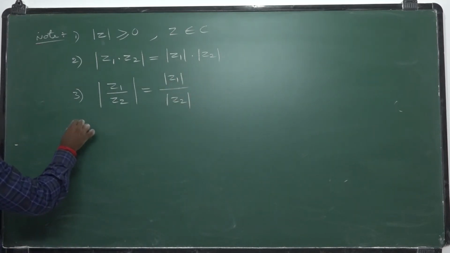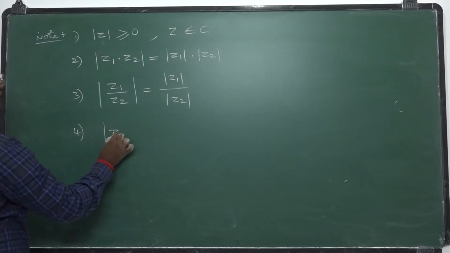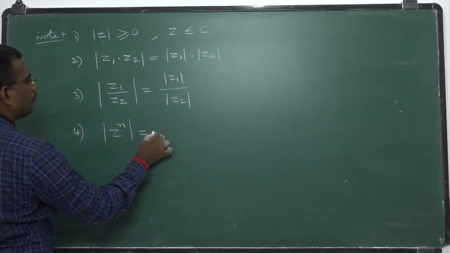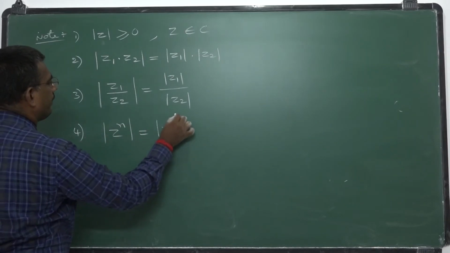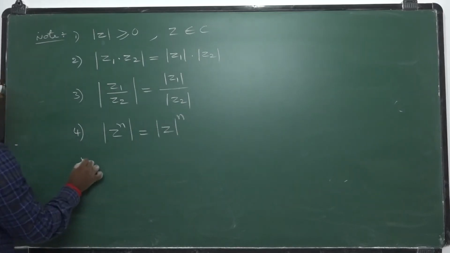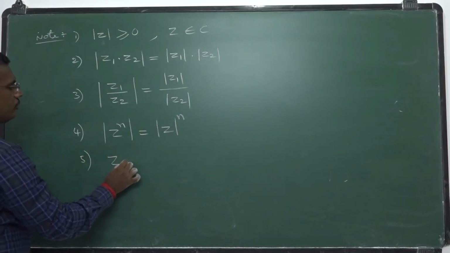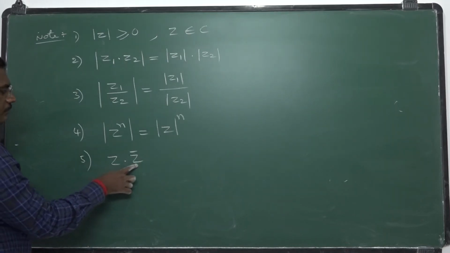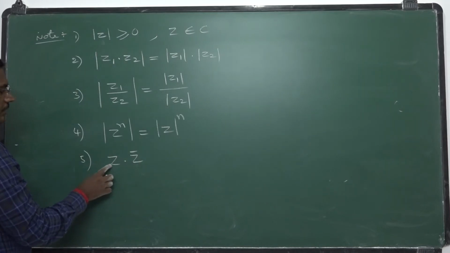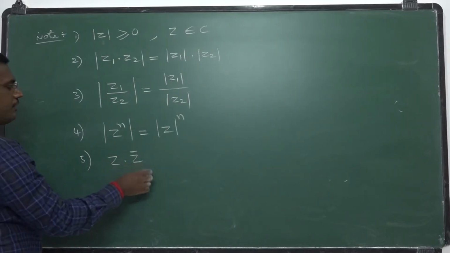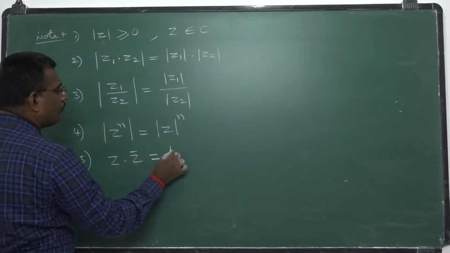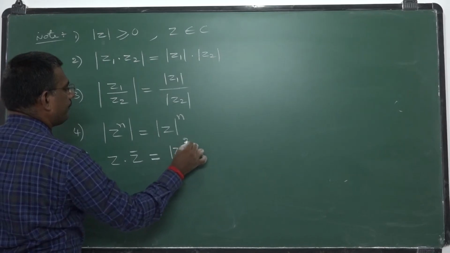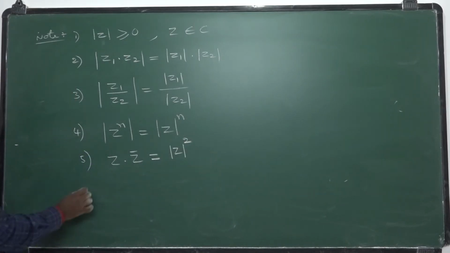Next, fourth one, modulus of z power n is equal to mod z whole power n. Next, z into z bar. z is a complex number, z bar means its conjugate. So a complex number into its conjugate is equal to mod z whole square.